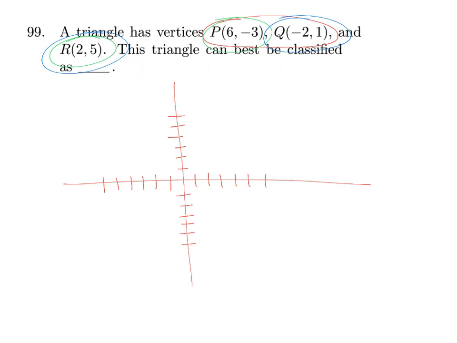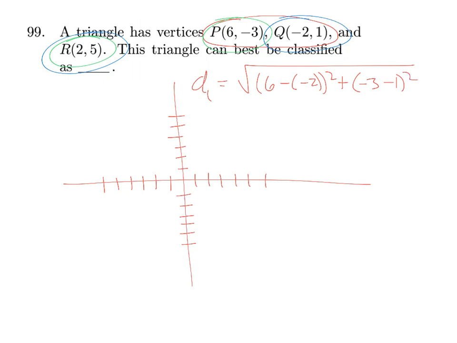All right, so I'm going to have distance 1 is 6 minus -2 squared plus -3 minus 1 squared. All right, that's for the first one.